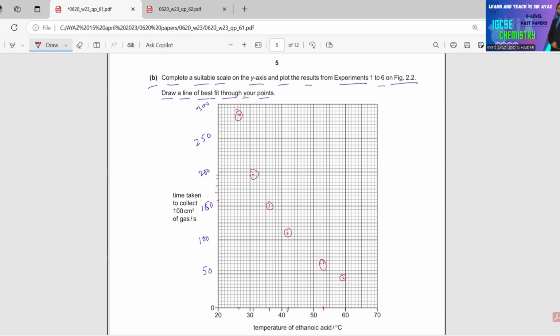Now you have to draw a line. You have to draw a line, appropriate linear vertical scale. So you have to plot all the points correctly.